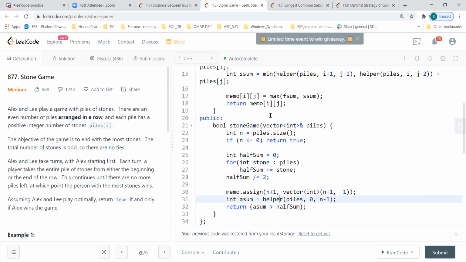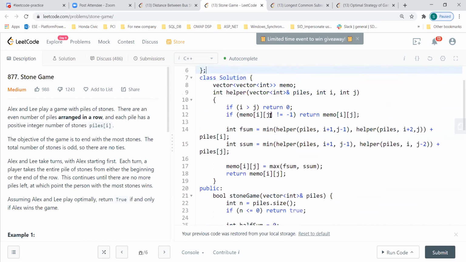Okay, so I'm using the same DP pattern. In this case, if i is greater than 1 and I'm traversing one index ahead, it's still going to return 0. Here I'm taking the minimum of both of the sides.